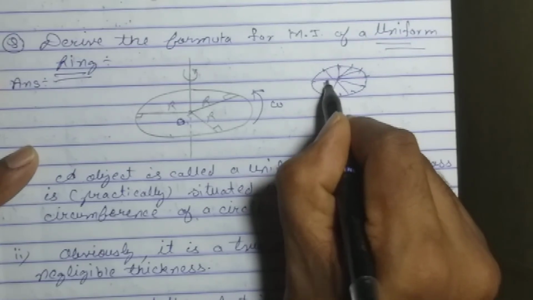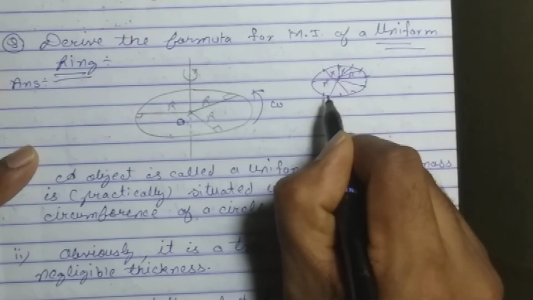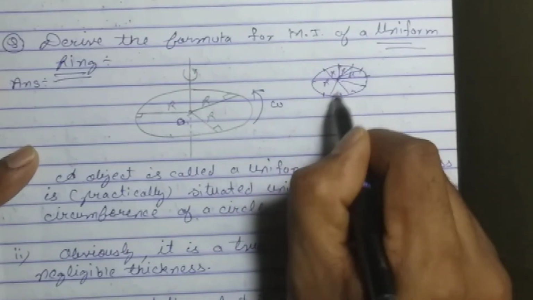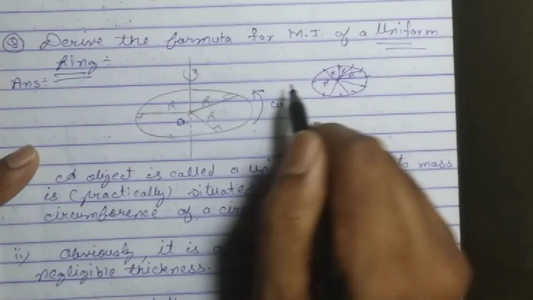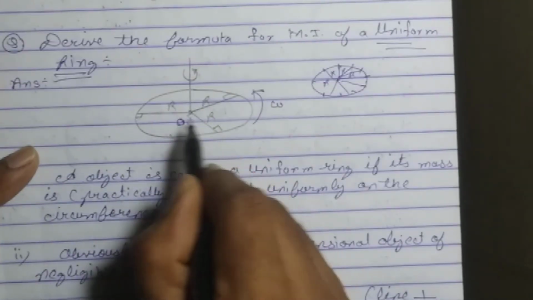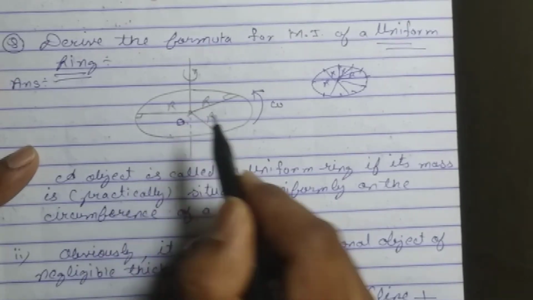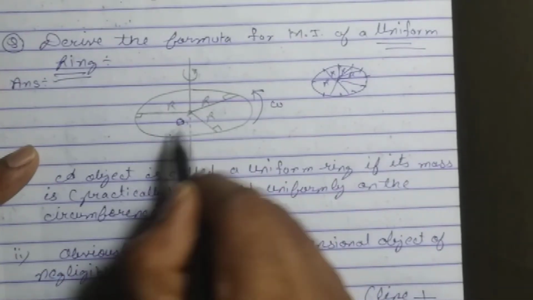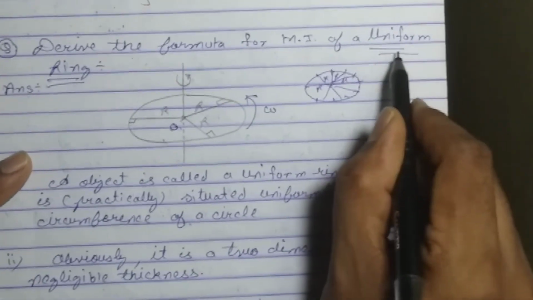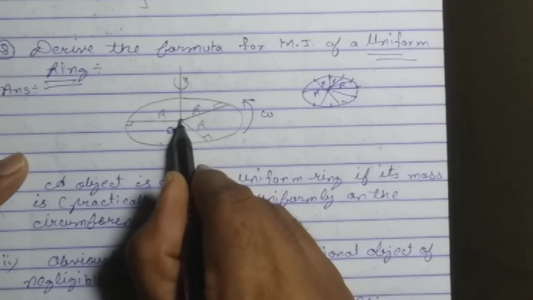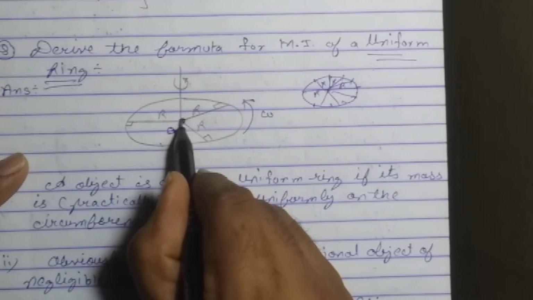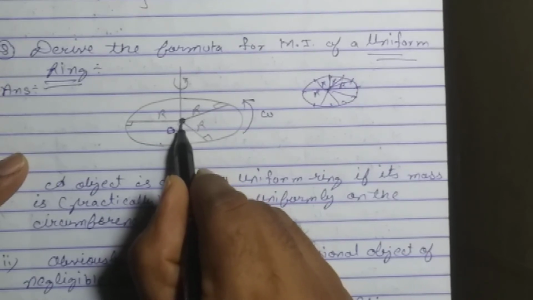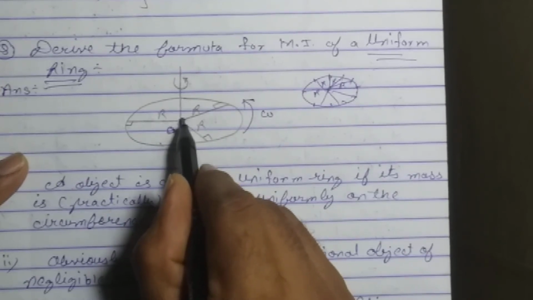All particles are situated at a constant distance, that is capital R. And we know that in a uniform ring the center of mass is at point O. But the entire mass of the ring is concentrated at point O.